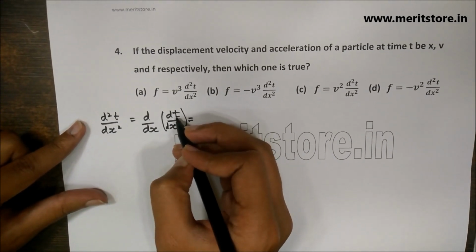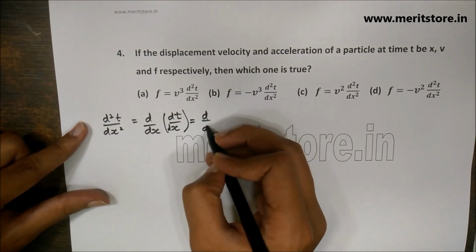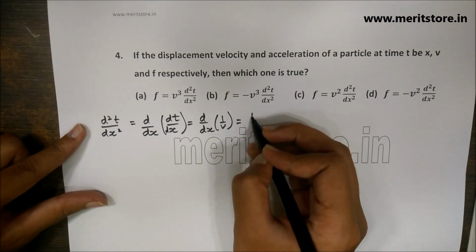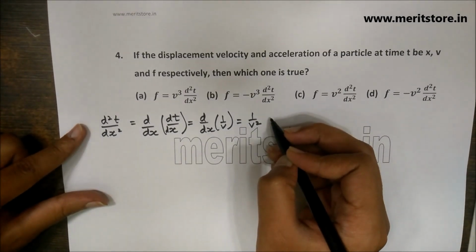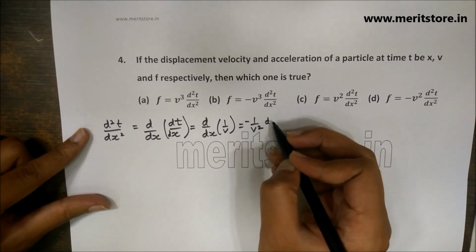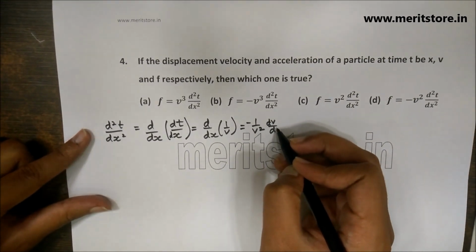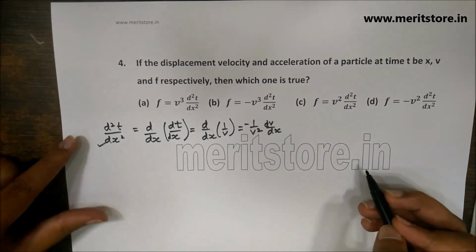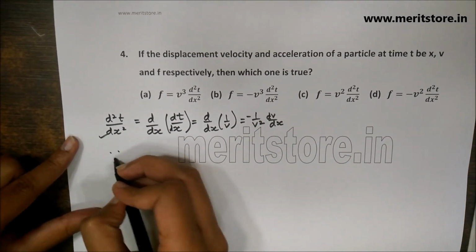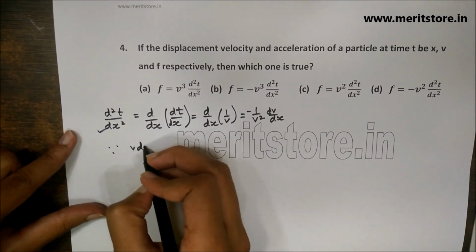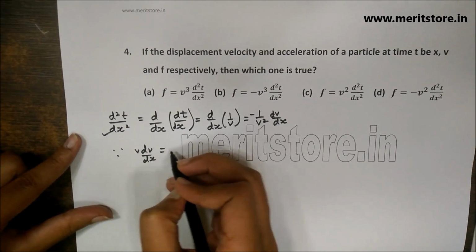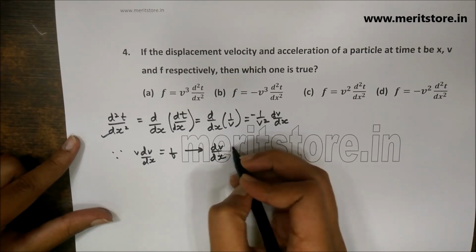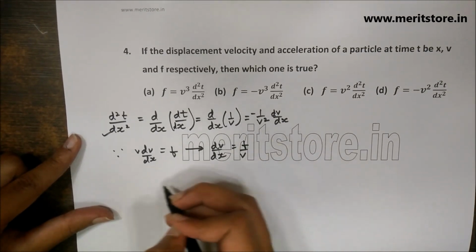Substitute the value of dx upon dt as v, so dt upon dx is 1 upon v, which gives minus 1 by v square dv upon dx. After differentiating the first term, we know that v dv upon dx is equal to f, which gives dv upon dx equal to f upon v.